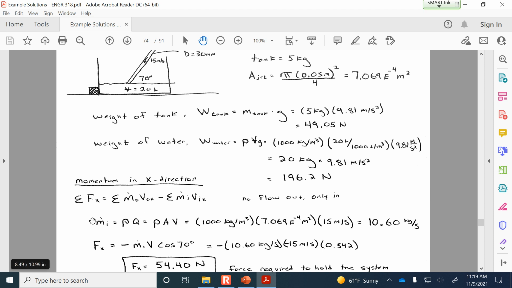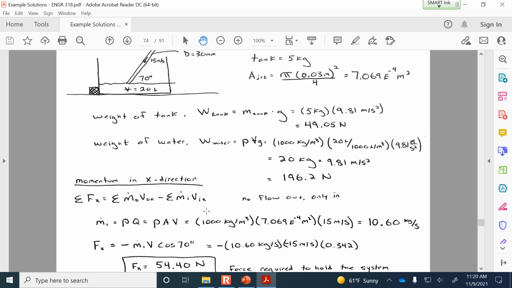So here where I'm calculating the mass flow rate, you'll notice it's the density times the volumetric flow rate. Or in other words, density times area times velocity. And nothing about the angle goes into that calculation of the mass flow rate because we want to know just the overall mass flow rate. And we account for the angle only in the velocity term.